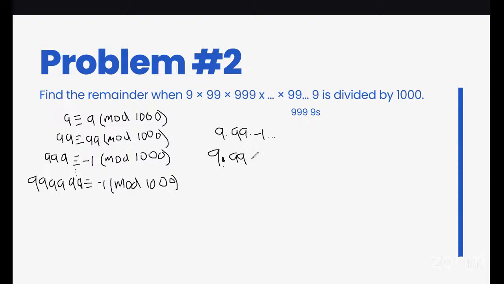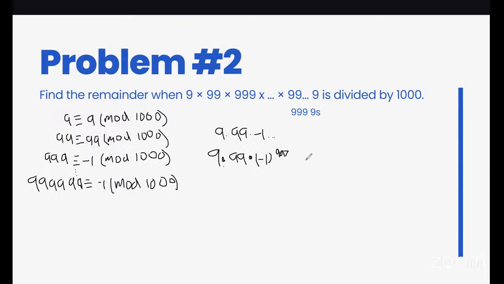Because we know how many there are going to be, it's times -1 to the power of 997. So see if you can understand why it's 997. This is because of how many there are here, 999. And then we already have the 9 and 99, so we subtract those, because 999 minus 2 would just be 997.